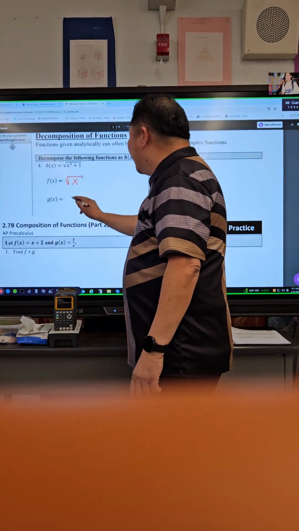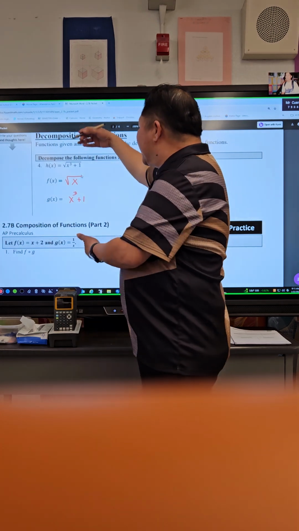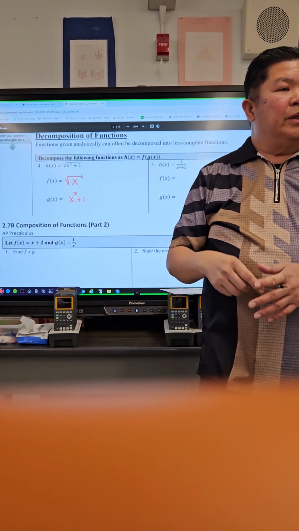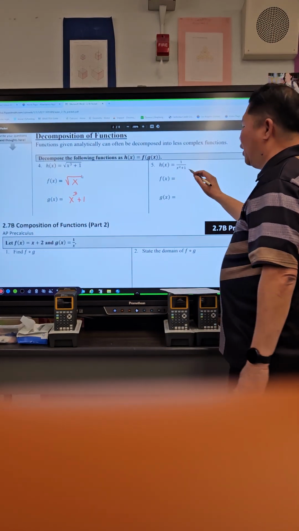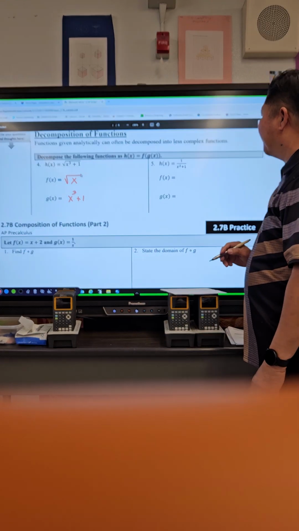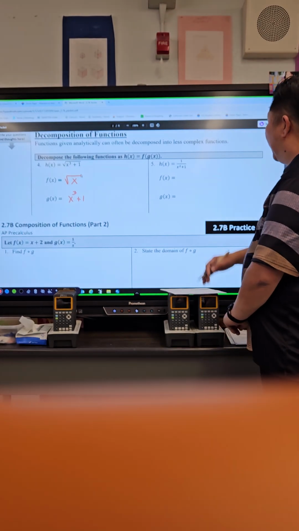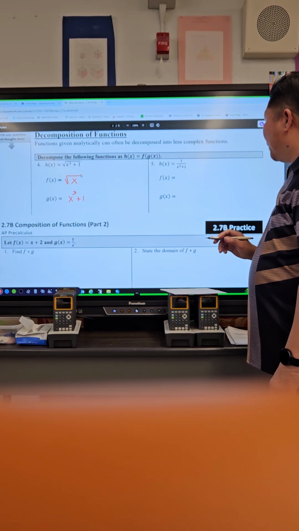The g of x is x cubed plus 1. This is how the function is being decomposed. So I'd like you to look at this one. What do you think is the f of x? This is h of x is equal to 1 over x squared plus 1.